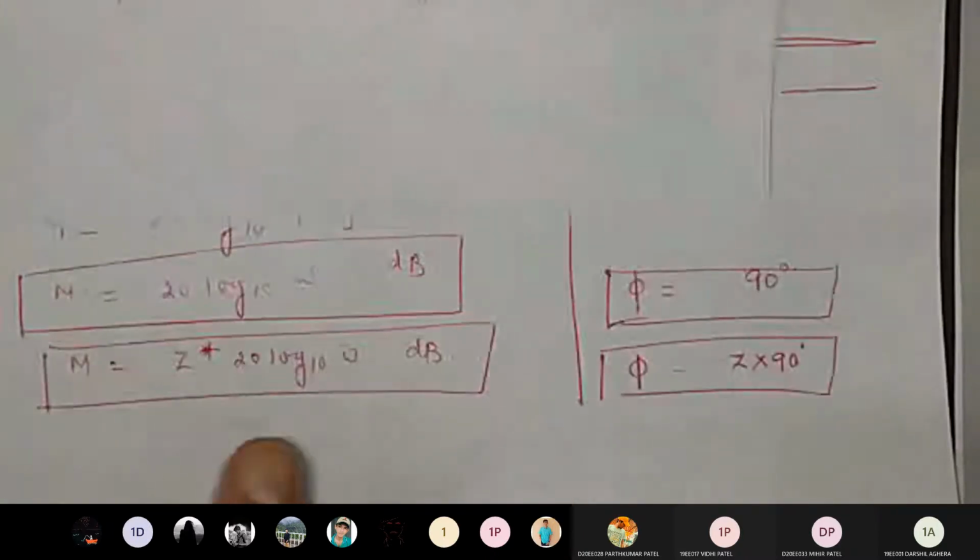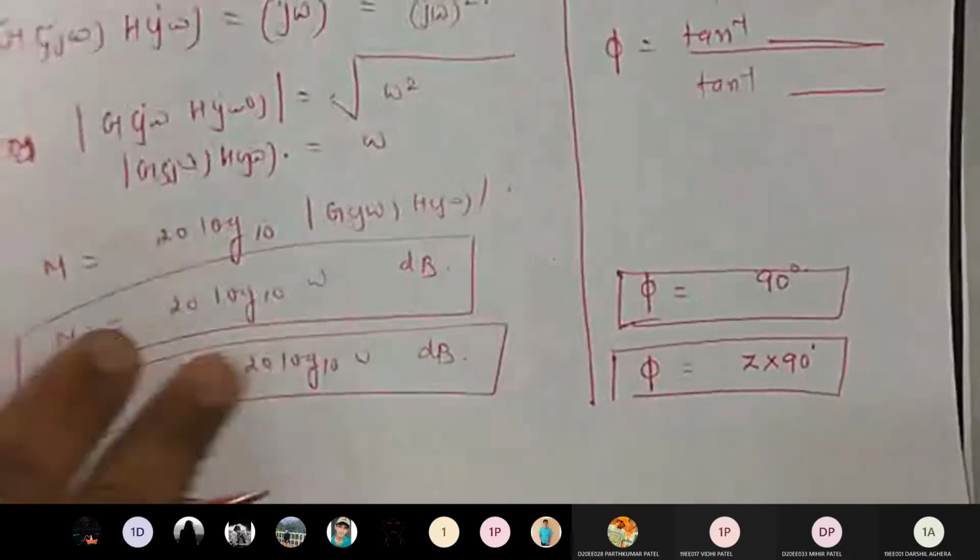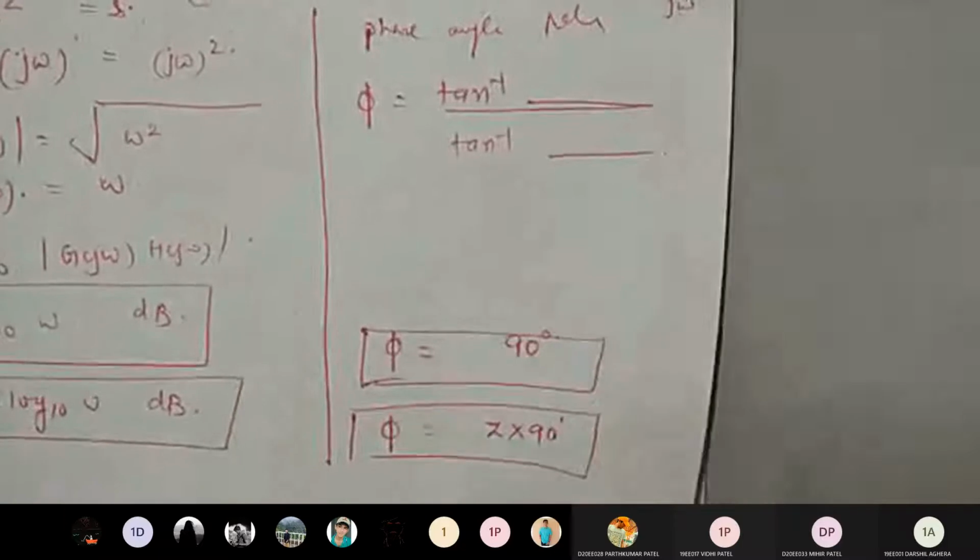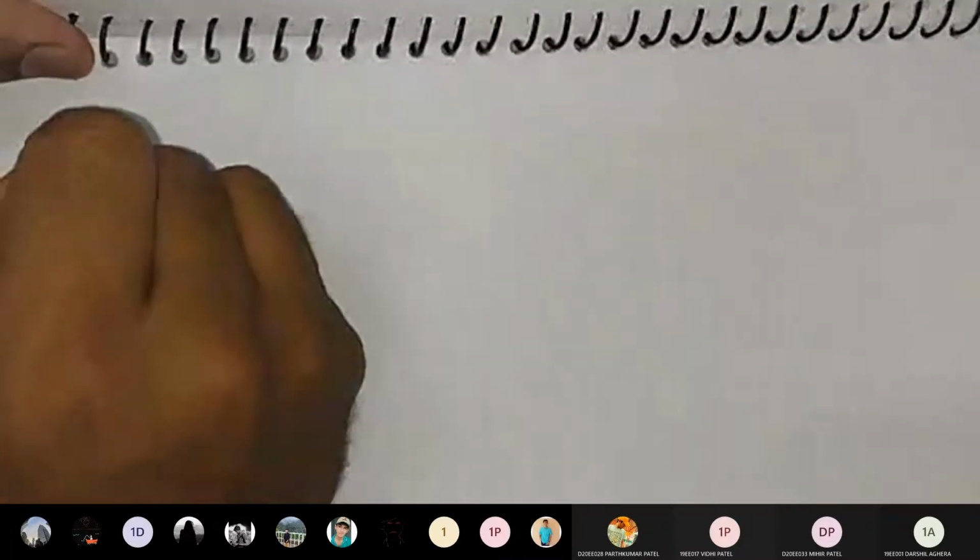Okay, now before going for this, we will be plotting some of the things as far as the poles are concerned. So I am writing it over here. We'll be having two equations. Second factor, factor number 2, that is pole at origin.